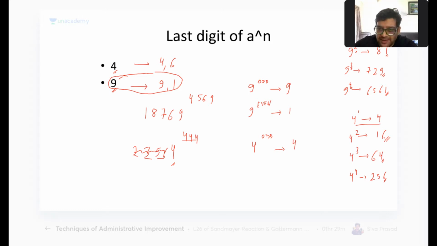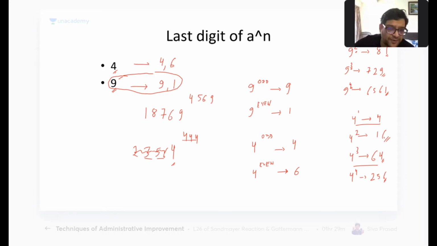As you can see, 4 to the power 1 ends in 4, 4 cube ends in 4. And if it is 4 to the power of an even number, then it will end in 6.